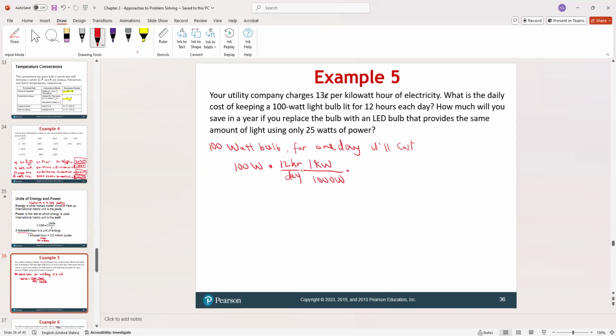We know it costs 13 cents, 0.13 over, they said your utility company charges you 12 cents per kilowatt hour. So 13 cents per 1 kilowatt hour. Now, all you need to do is multiply, and you can see what would be gone.